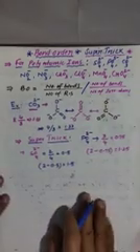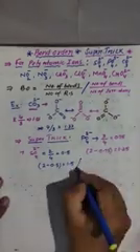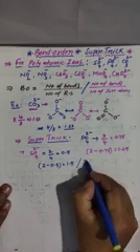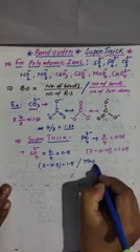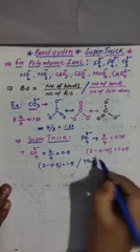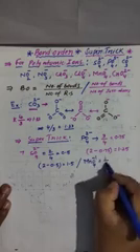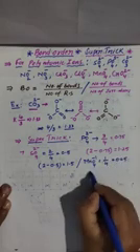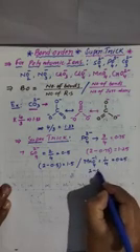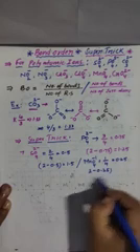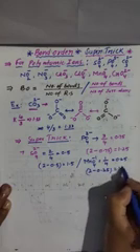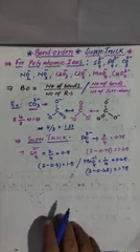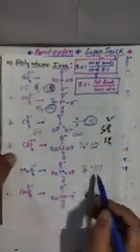No need for any structure. Go for another, for example MnO4 minus. Go for 1 by 4, nothing but 0.25. And you subtract from 2. 2 minus 0.25 is nothing but 1.75. So for manganate, how much did we get? Look here, 1.75.